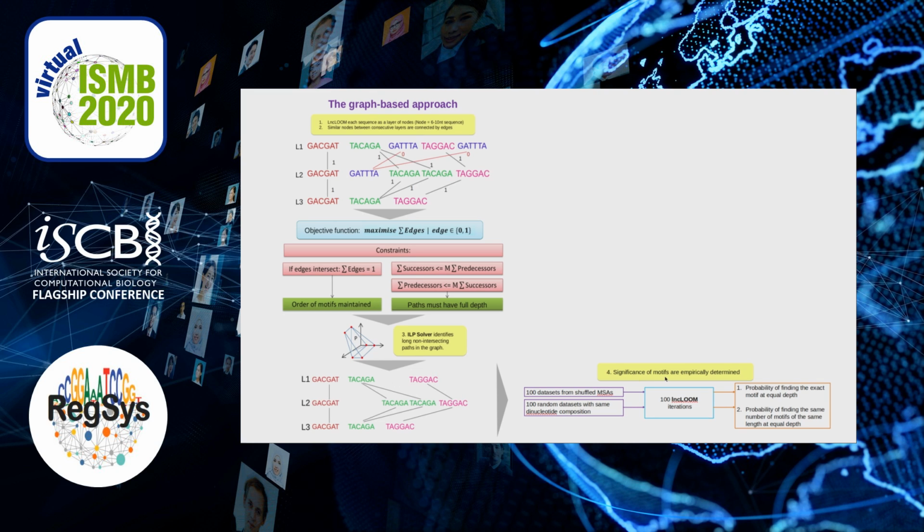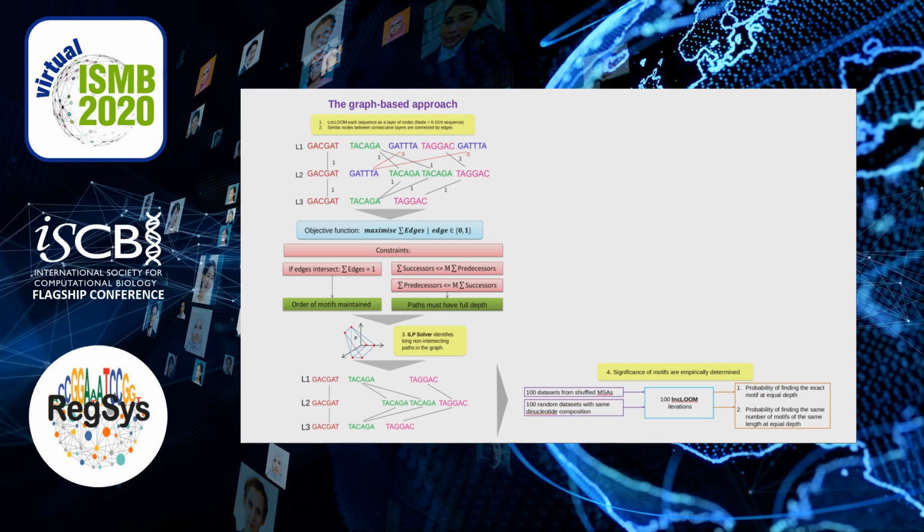The significance of our motifs is then empirically determined, and we do this by running multiple LncLOOM iterations on random datasets. Firstly, we want to determine the probability of finding the exact motif at the same depth, or the probability of finding a similar motif of the same length at the same depth.